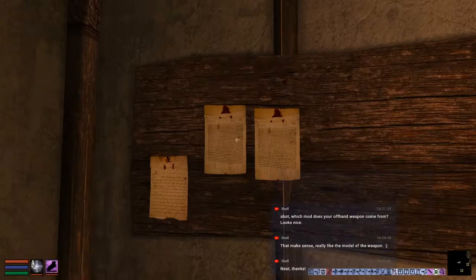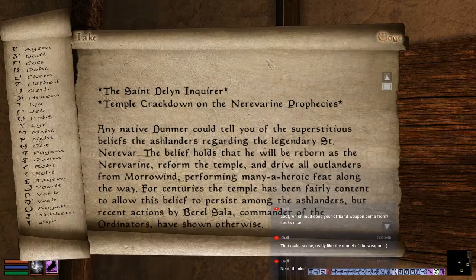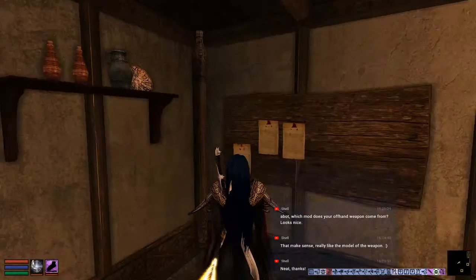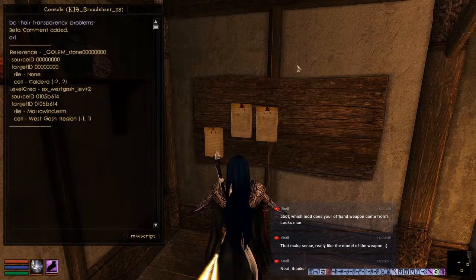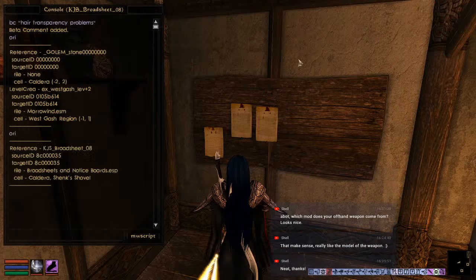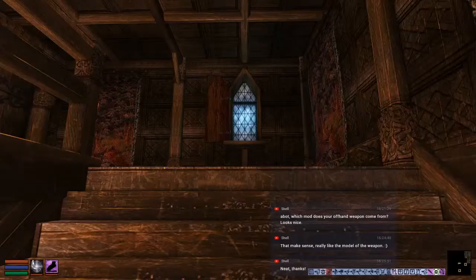And we have a very nice mod adding notices in the taverns and so on. I don't remember the name of the author, but the mod is called Broadsheets and Notice mods.